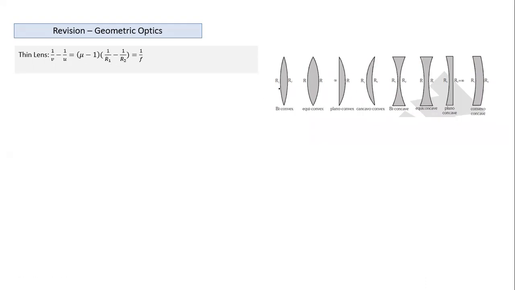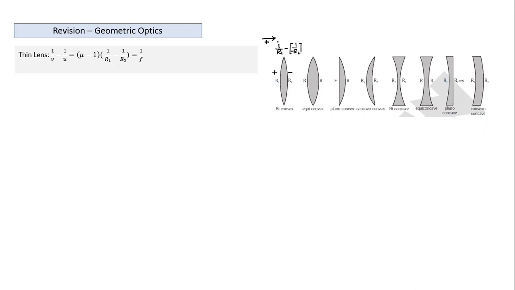There are two surfaces here, and if this is the direction in which the rays are coming, taking this direction as positive, the sign of R1 and R2 depends on where the center lies. This would lie on the right hand side, so it is positive, and this will be negative. Hence when I substitute, it will be 1 by R1 minus 1 by minus R2.